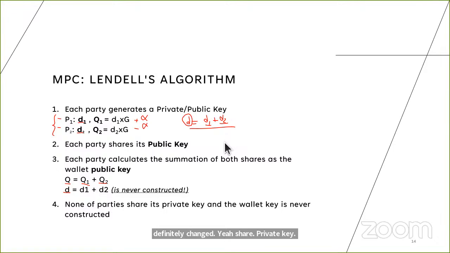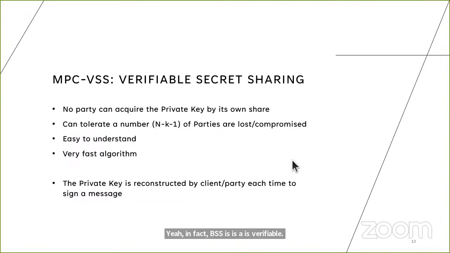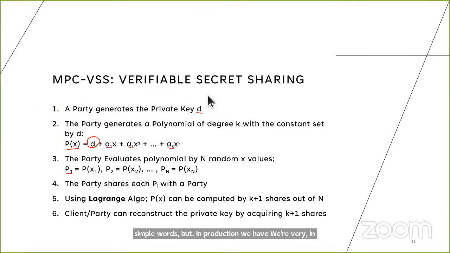In fact, VSS is verifiable secret sharing, and as you know, Shamir secret sharing is the most well-known secret sharing algorithm. I have mentioned the algorithm here in very simple words. But in production, we have verifiable secret sharing in order to make sure about the honesty of each party.